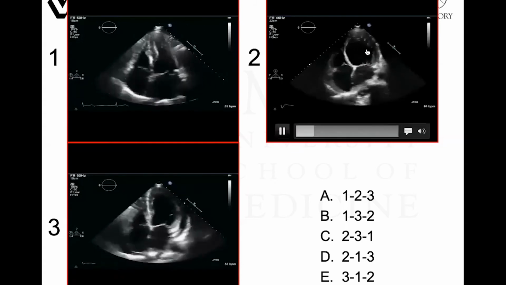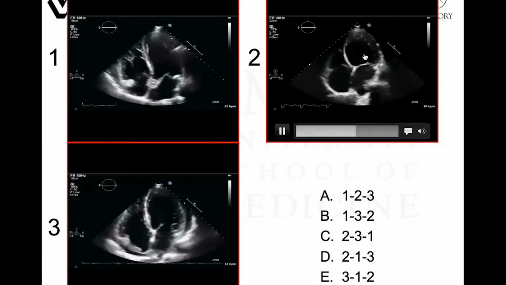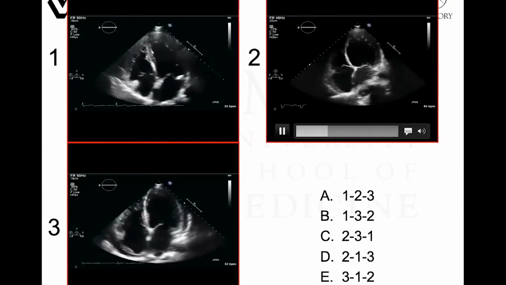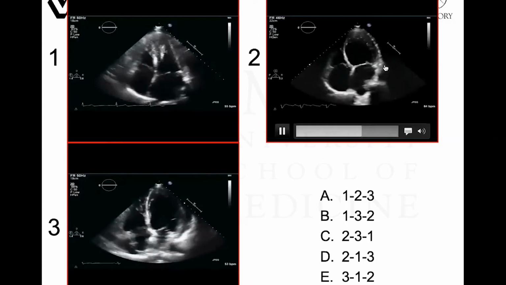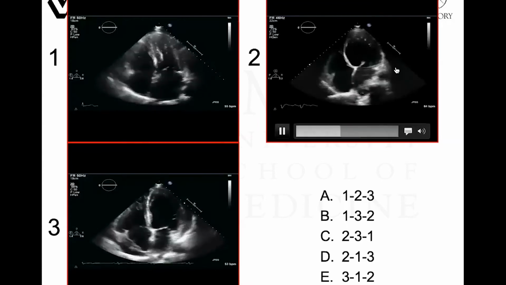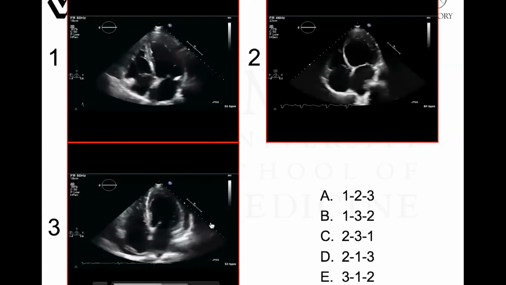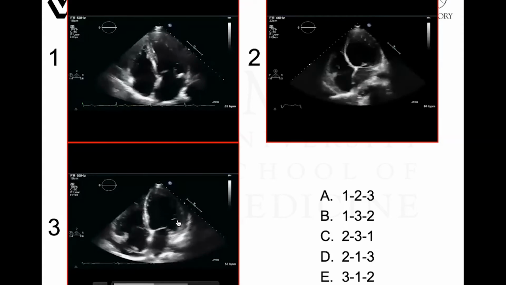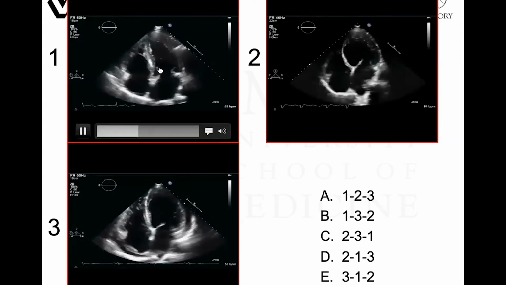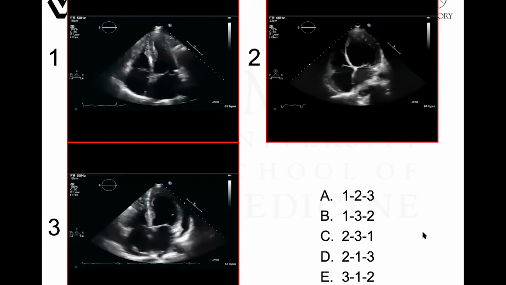So the lowest is number 2, and this is thrown out there so that the more junior fellows can train their eyes. I would say that the LV function here is about 10 to 15%. Number 3 is around 30, 35, 40%, somewhere in that region. And number 1 is about 65 to 70%. So the correct order would be 2, 3, and 1. Perfect.